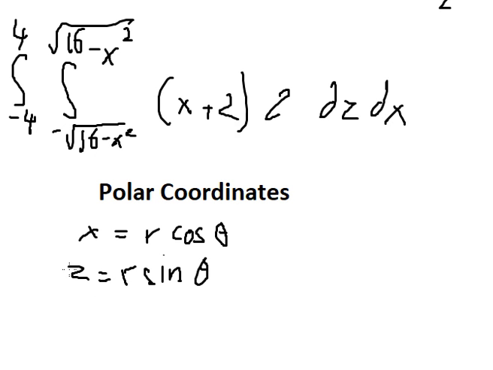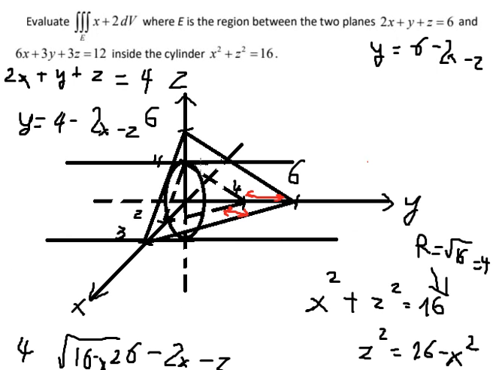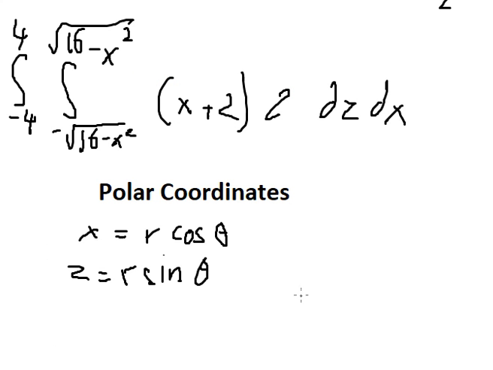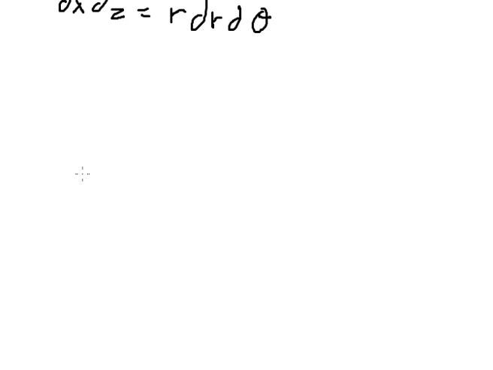We know that we always use y equal to r sine theta, but now we change the axis from y to z, but the technique and the formula do not change when we change from y to z. And we have dx dz, we change for r dr d theta.